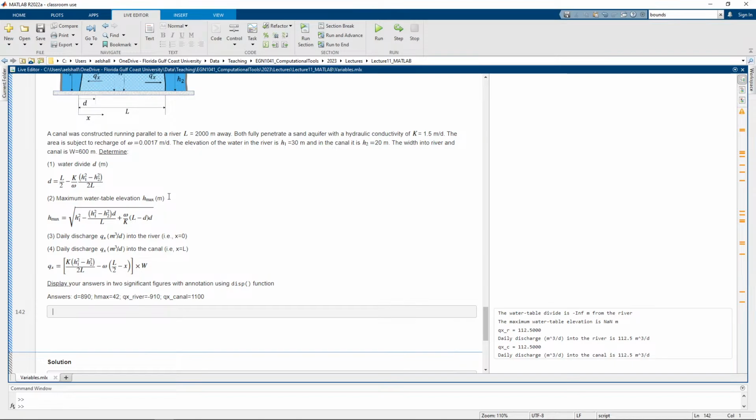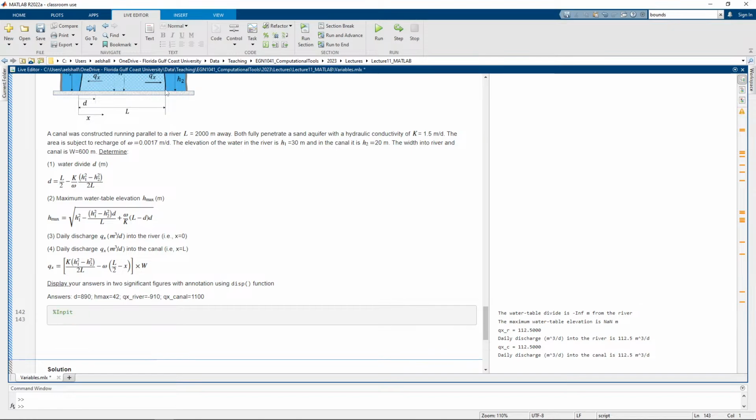So that's how to start: you put your input first. So what's my input? L is equal to 2,000. Remember, this percent sign means a comment, so that's something that's not executed. K is equal to 1.5. Omega, which we will call W, is equal to 0.0017.